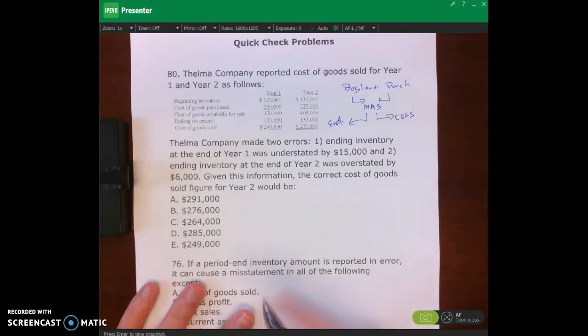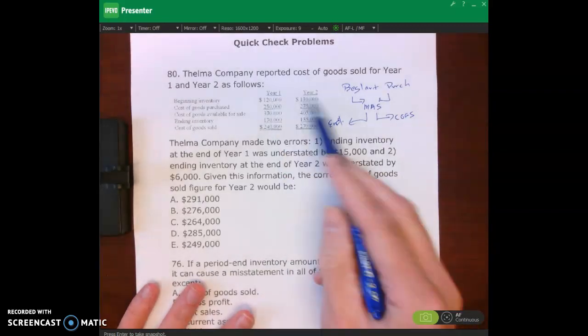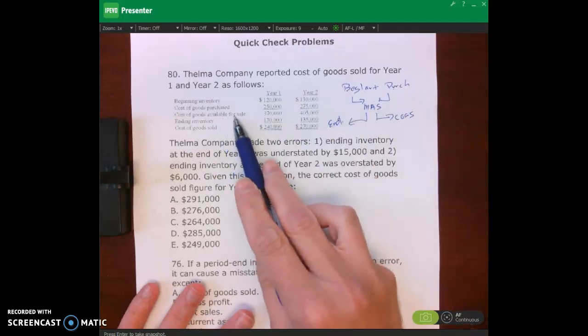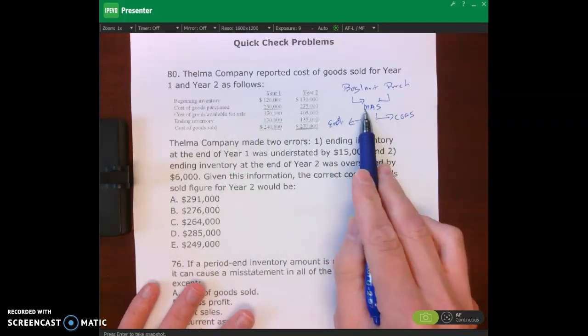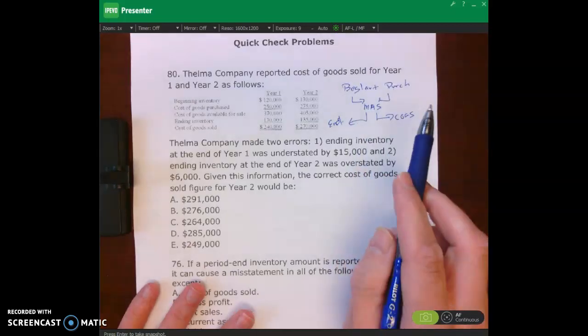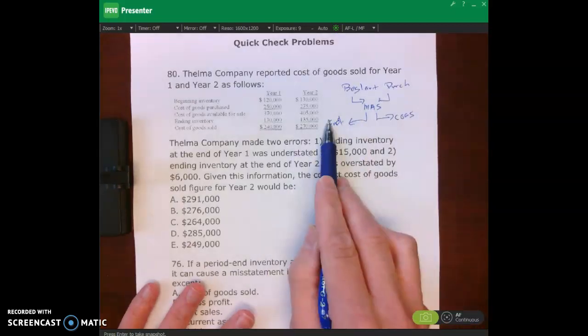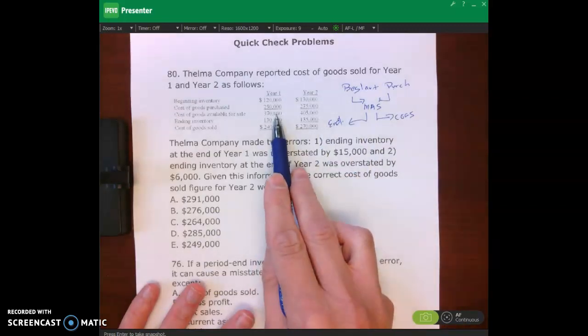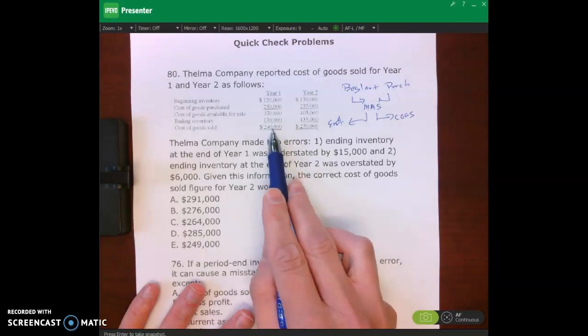I subtract out ending inventory, and then I get cost of goods sold. So you can see 370 minus the 130 gives me the 240.